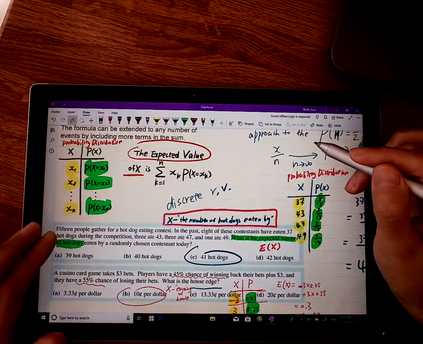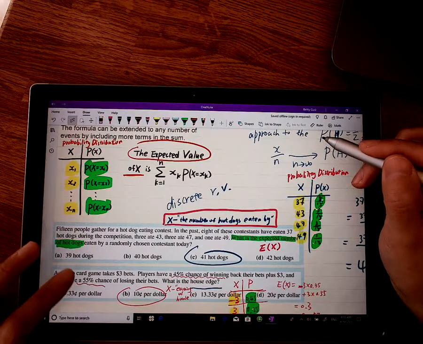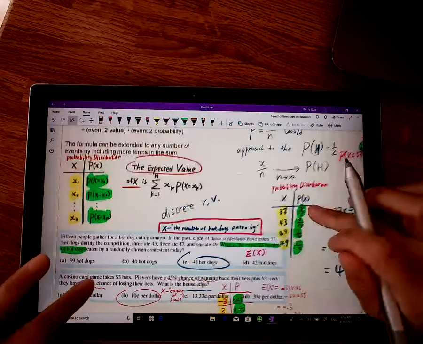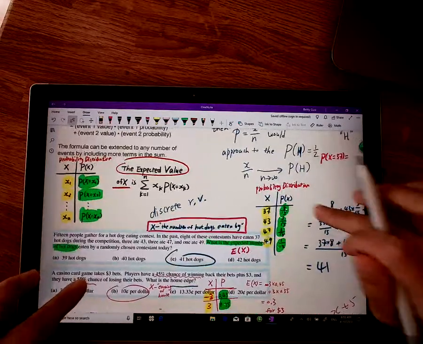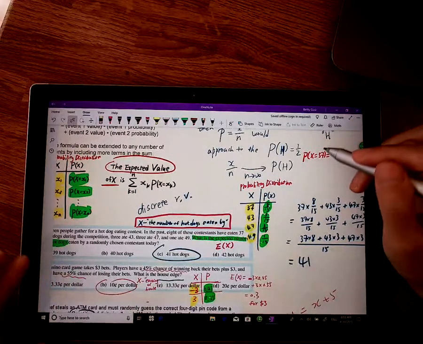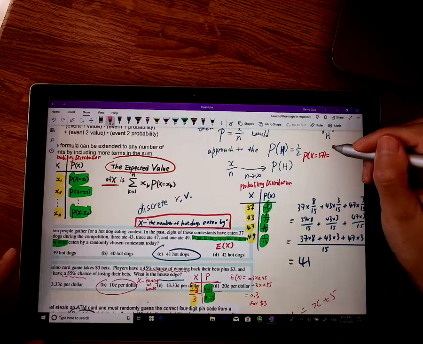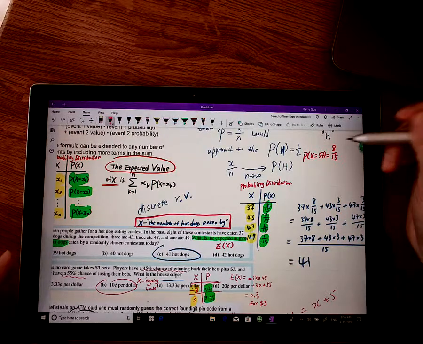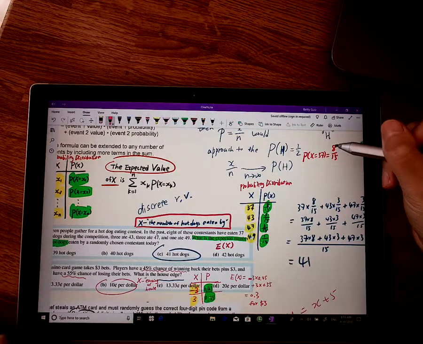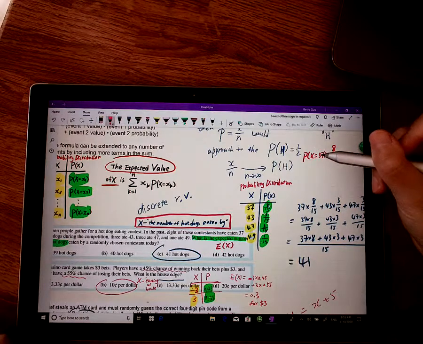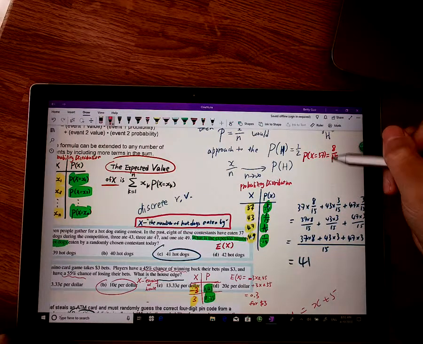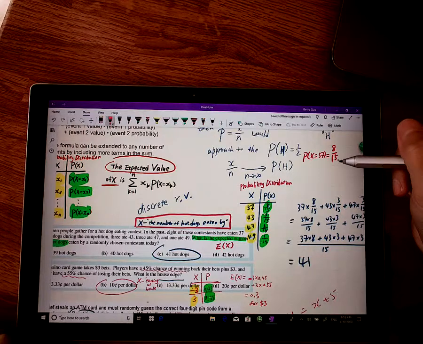In the past, among the 15 people, how many of them ate 37 hot dogs? 8 of them. Number of successes, 8. 8 people ate 37 hot dogs among the 15 people.